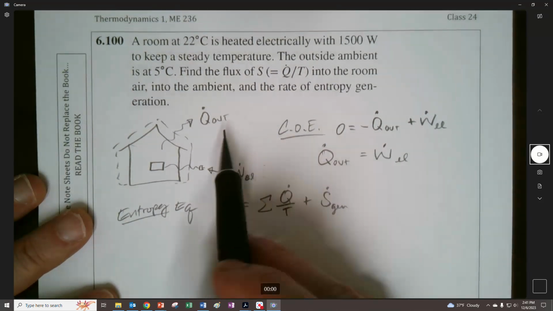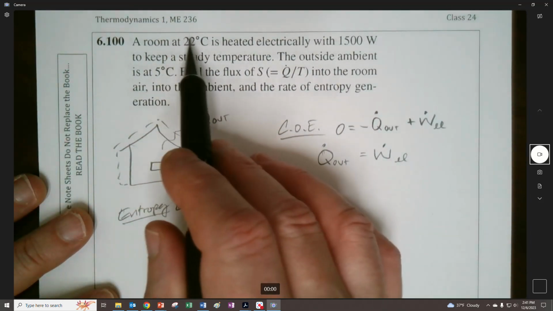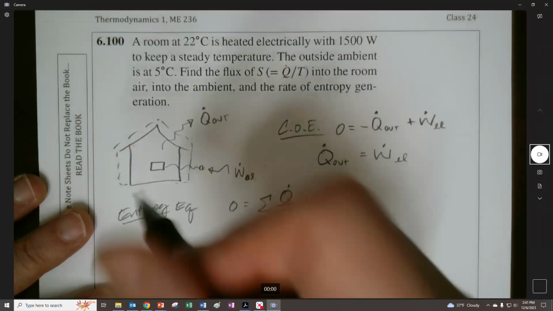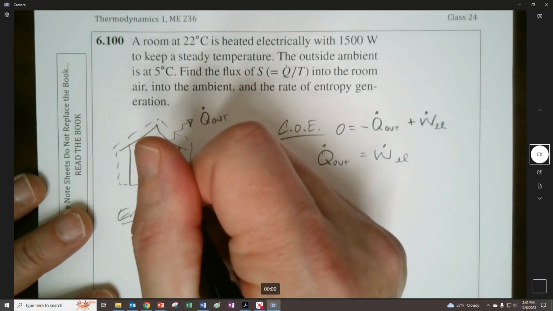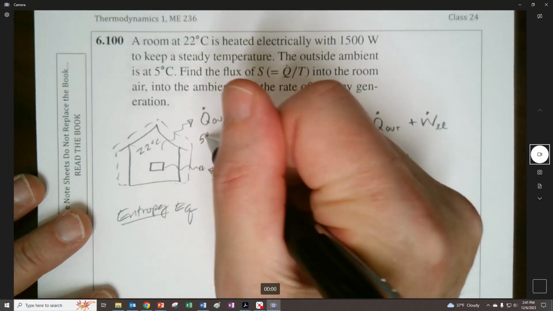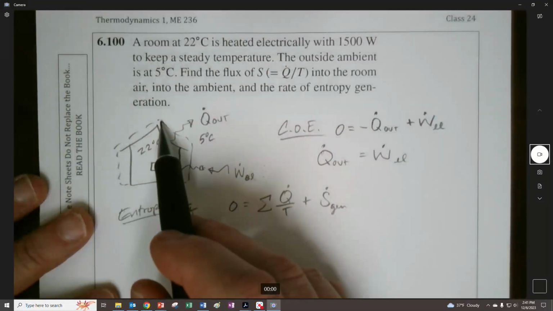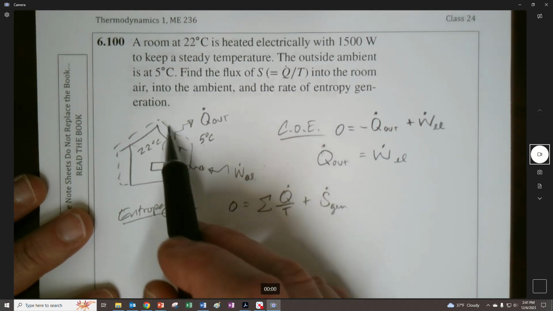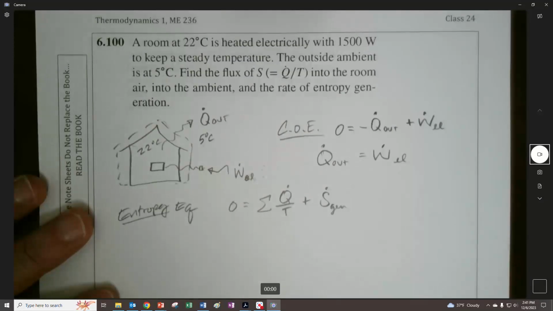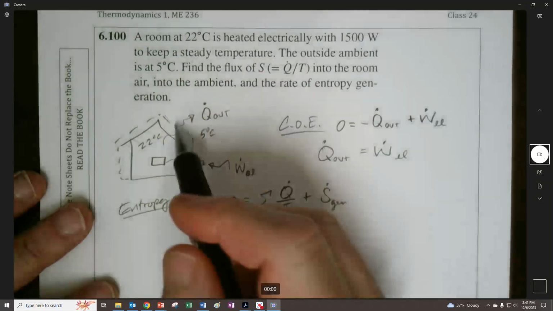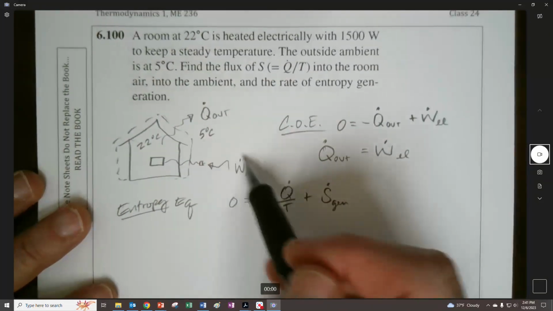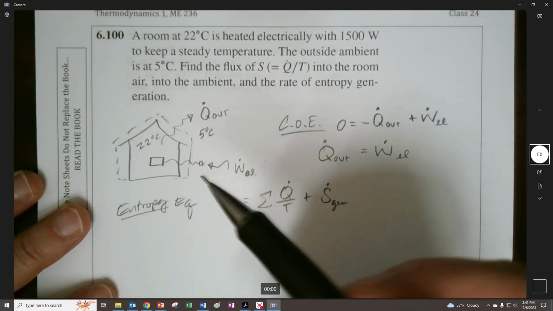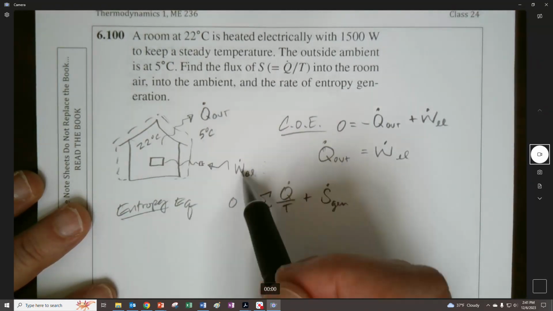So the question is, what temperature do we use for this? We have 22 degrees inside, and we have 5 degrees outside. The heat is passing over this boundary, and the temperature on the outside is, I think, the best way to think of which temperature to use. The electrical power is not factoring into the entropy because it's not a heat transfer.